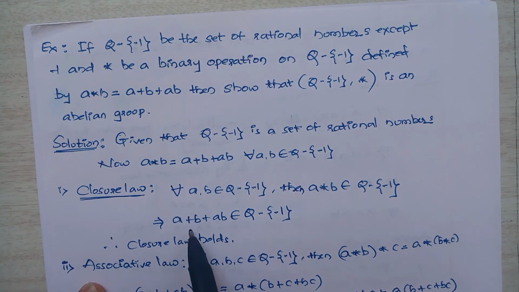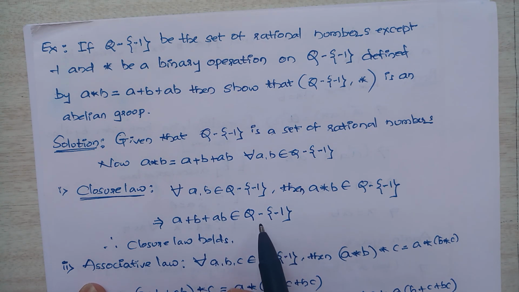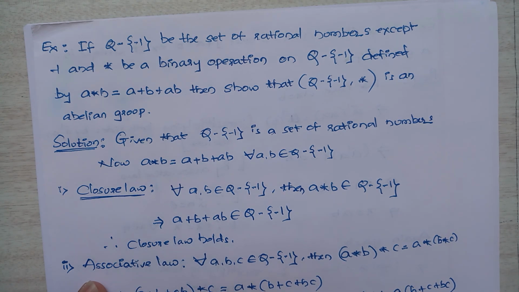That implies that a plus b plus ab belongs to Q minus of 1. Therefore closure law holds good.